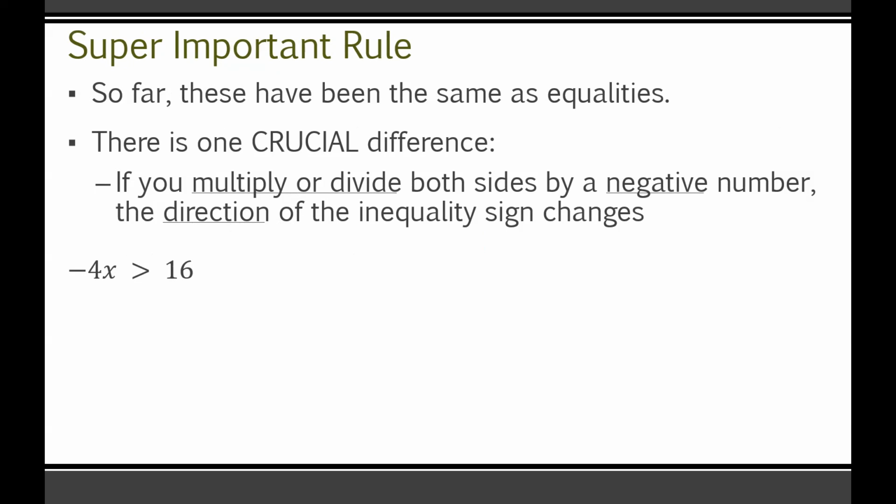This example is a perfect example of this. Negative 4x is greater than 16. From the other examples we've done, we know we had to get x all by itself. So logically, the way we'd have to do this in this question is divide by negative 4 on both sides. Now, right now, that hits this rule. We are dividing both sides of this inequality by a negative number.